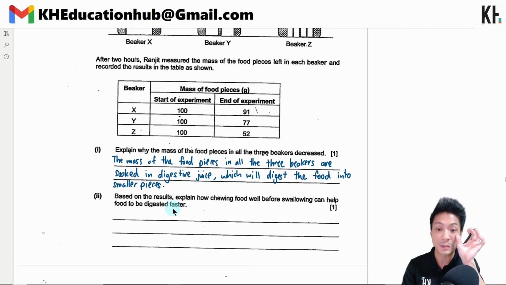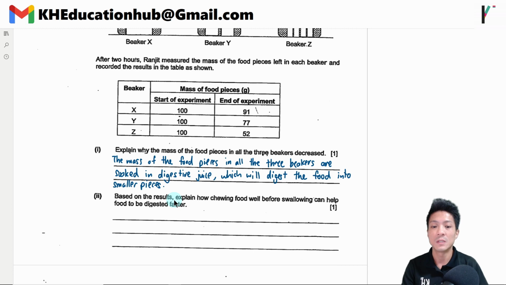Okay, based on the results, explain how chewing food well before swallowing can help food to be digested faster.